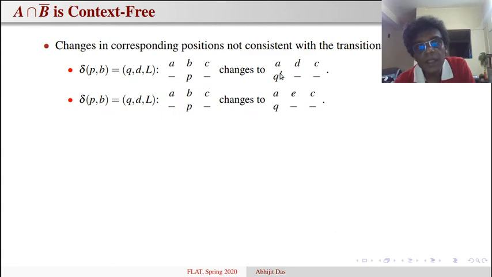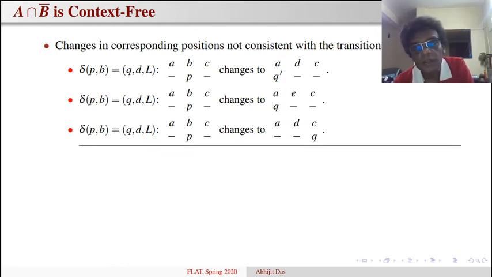The second thing, Q comes here, but B is supposed to be overwritten by D, but it is overwritten by E, another symbol. So this is also inconsistent. Another inconsistency is like this.